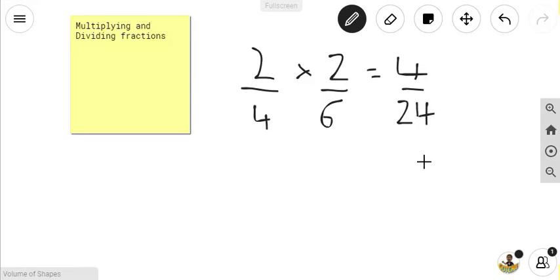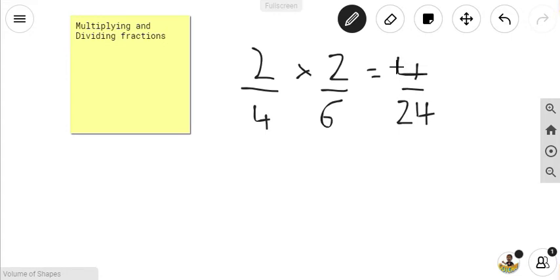Now, usually when you're multiplying a fraction, you have to reduce this to the lowest terms. You do this by looking at the number and seeing the times tables which both these numbers are in. So both 4 and 24 are in the 2 times table, but they're also in the 4 times table.